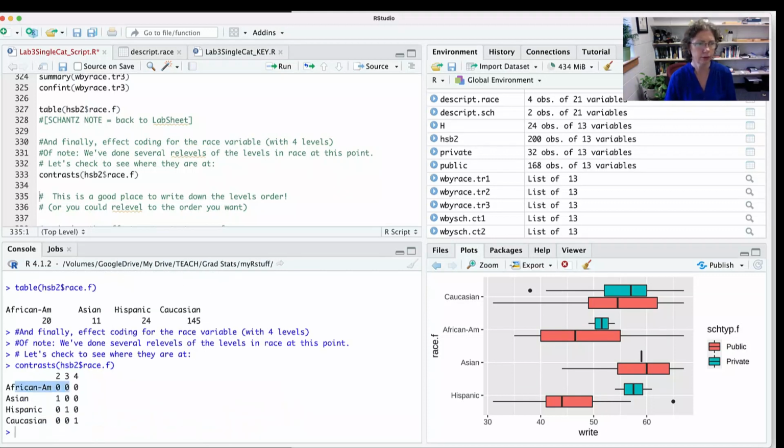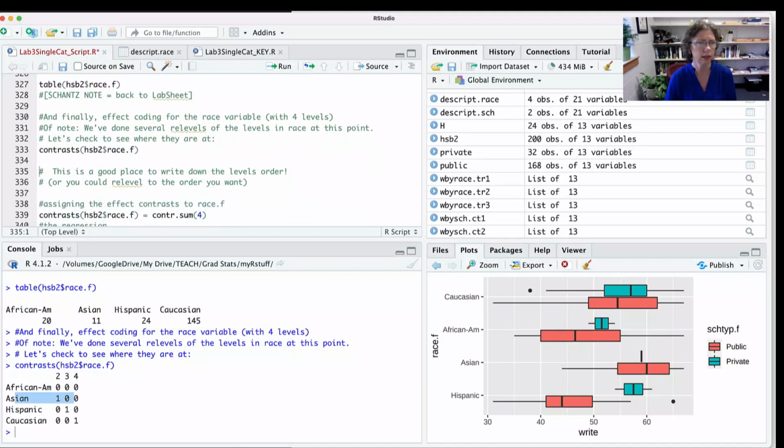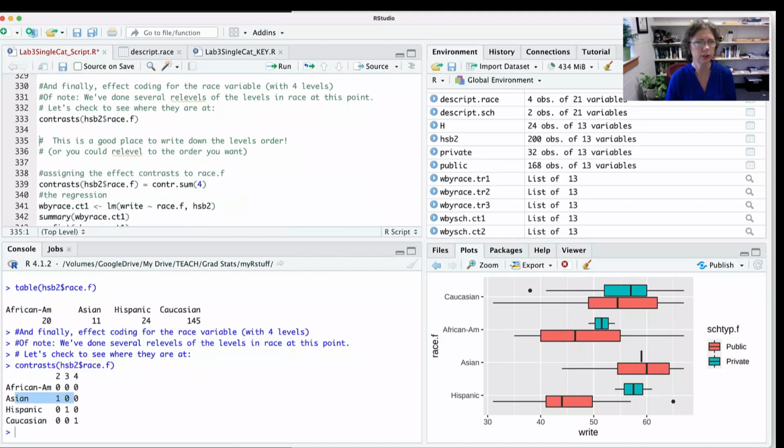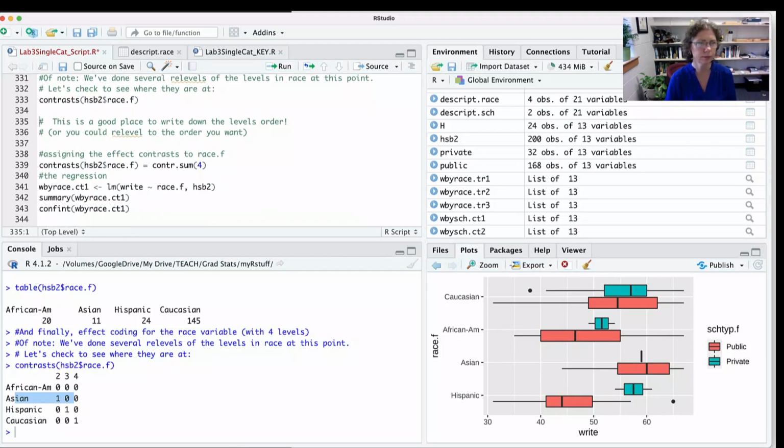Right now, African American is at the beginning, Asian is second, Hispanic is third, Caucasian is last. So it's good to keep track of what is where. So now we're going to assign a different type of effect coding, just like we did with the school type. We're going to assign a contrast, effect contrast to the race variable.